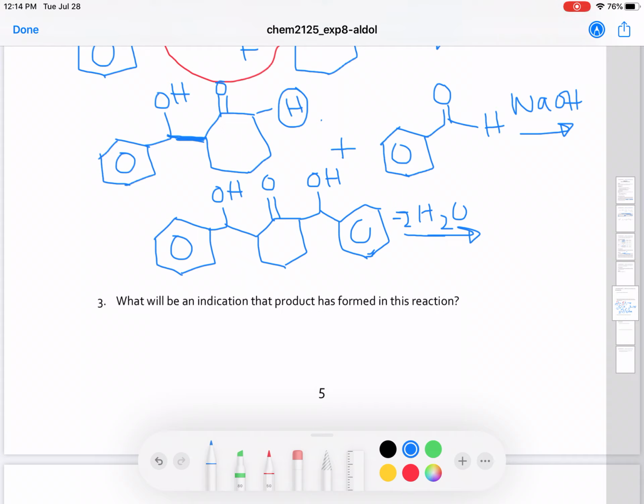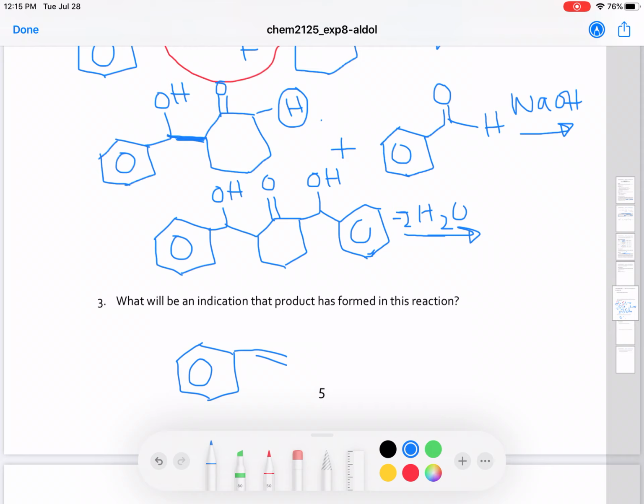So that would be... I'm running out of space. Double bond. Well, I will draw the product in the next question since I don't have space over here. Let's see, I'm going to draw it over here. You get the idea. So it's going to be something like that.